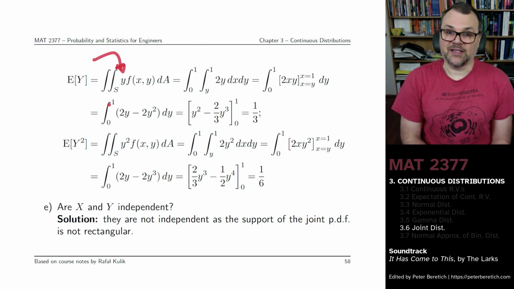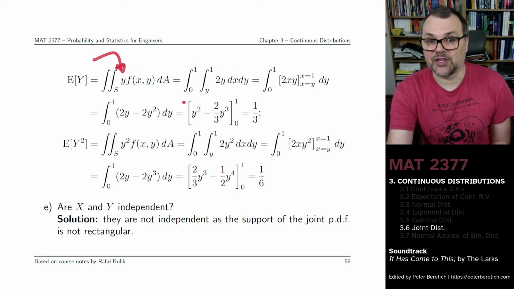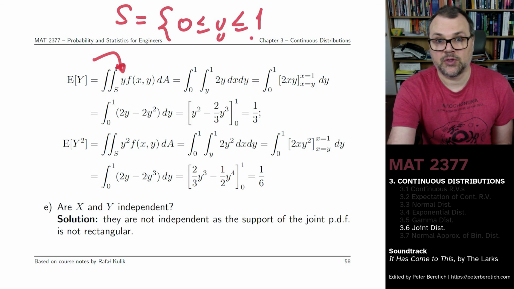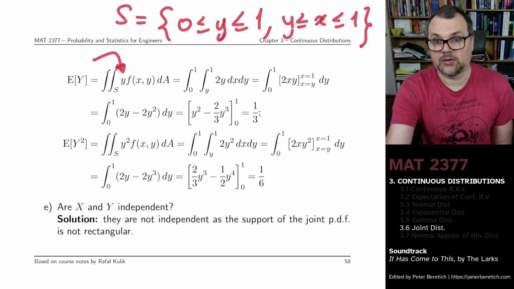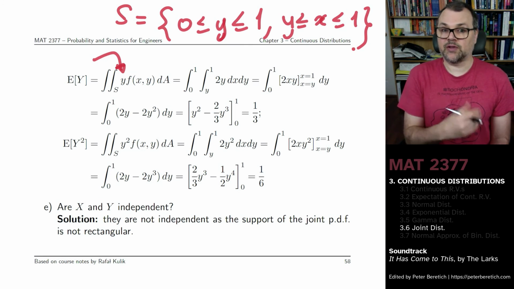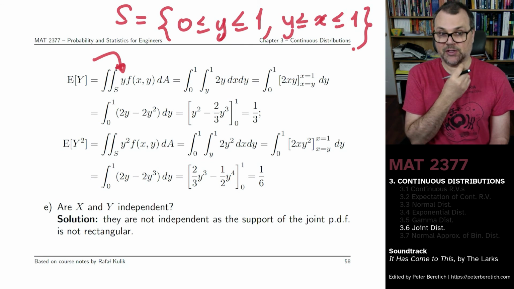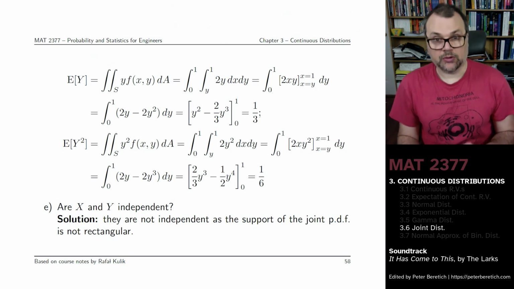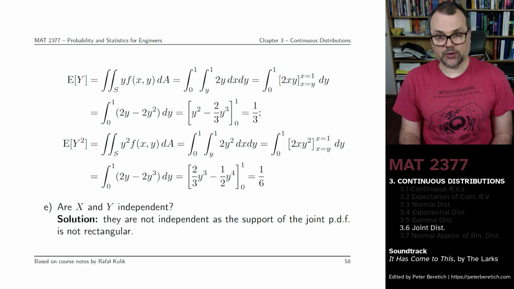And then you might find that it's easier to use the other definition of S, the one where y varies between 0 and 1, and where x varies between y and 1, in this case, because of the order of integration. Similarly, you'll get the expectation of y, it's 1 over 3. So really make sure you know how to do these computations.